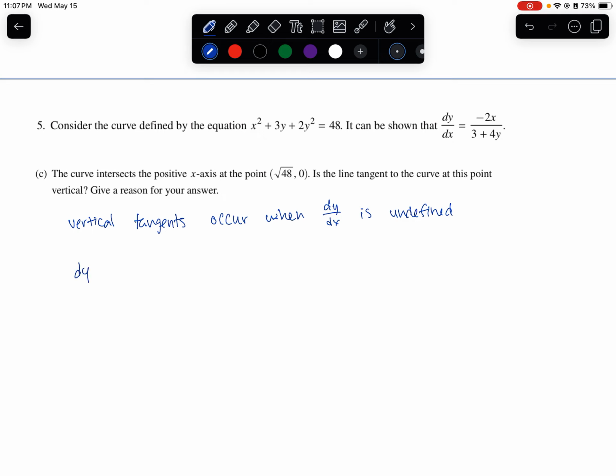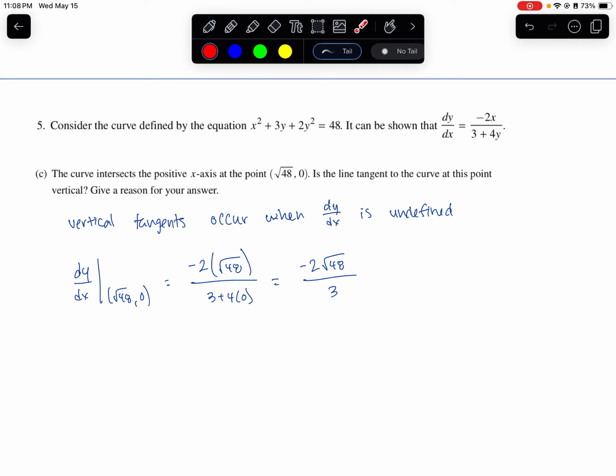For dy dx at the coordinate point square root of 48 comma 0, we get negative 2 times the square root of 48 divided by 3 plus 4 times 0, which is just negative 2 square root of 48 divided by 3. So obviously we can tell that the derivative is defined at this coordinate point.